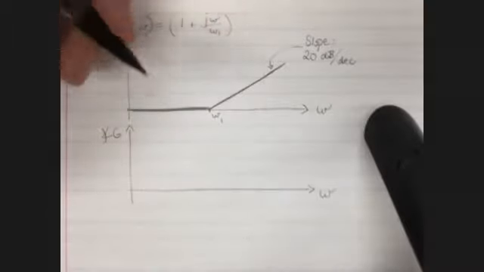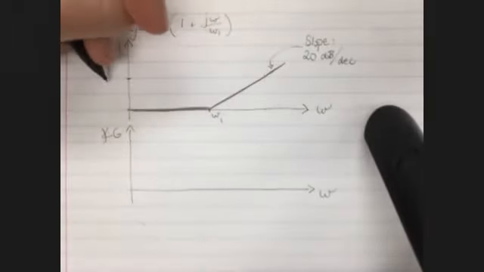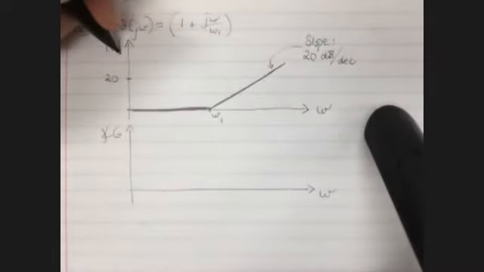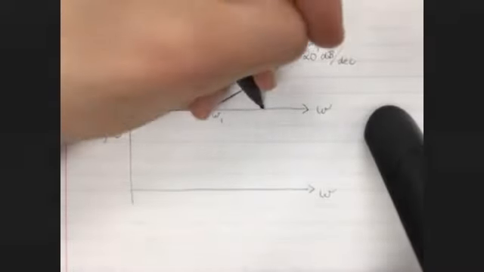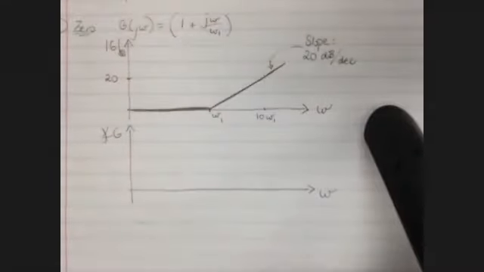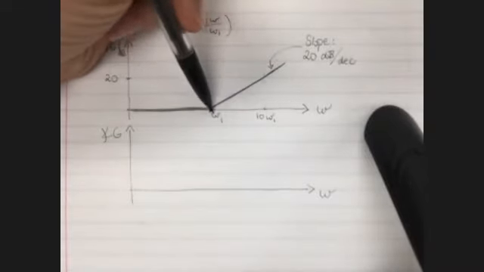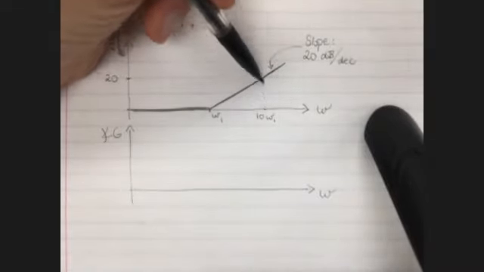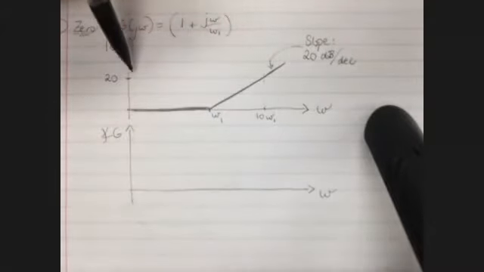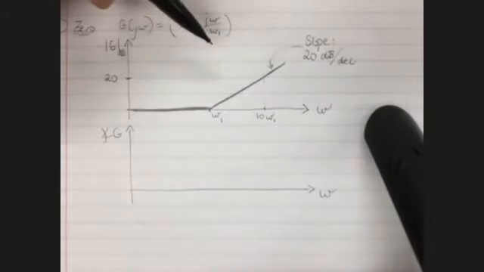So let's say that this is plus 20 decibels. So this is gain in dB. So this here would correspond to 10 times omega 1. Okay, so basically when you multiply by 10 in my horizontal, that's going to give you plus 20.